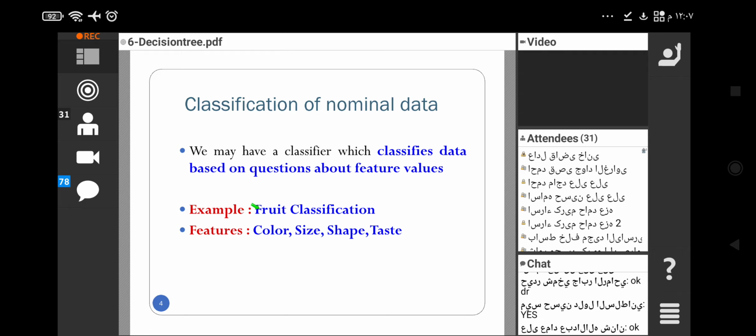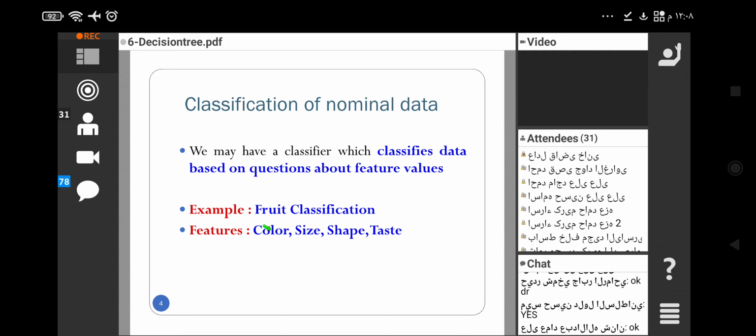For example, in fruit classification, the features are color, size, shape, and taste. All of these features are nominal features.